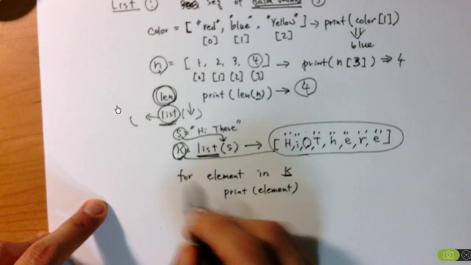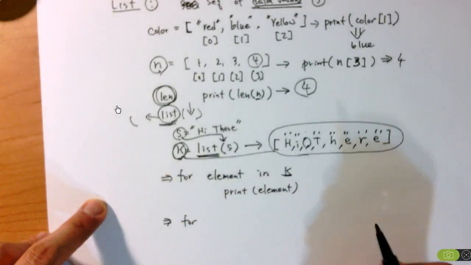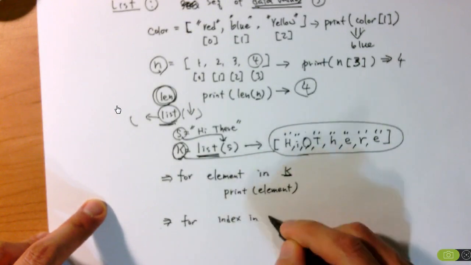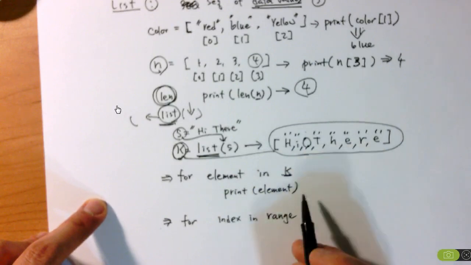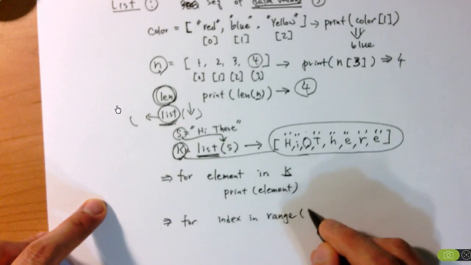Or another way, this time let's use an index. Let's say index in range. We use the range function for the string, and the same concept applies for the list. Range of the length of k.